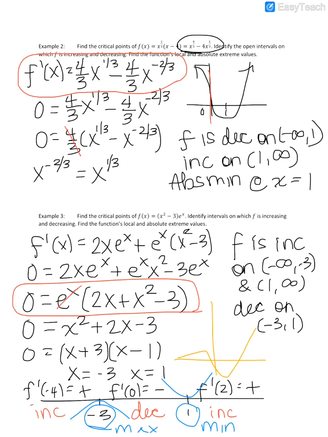Okay, there are higher points, but it is the highest one around. So local max at -3. And then it looks like at 1, I have an absolute minimum because 0 tends to be a horizontal asymptote here. So this graph kind of hugs 0 as it goes out that way. So this is an absolute max, or min, sorry, at 1.